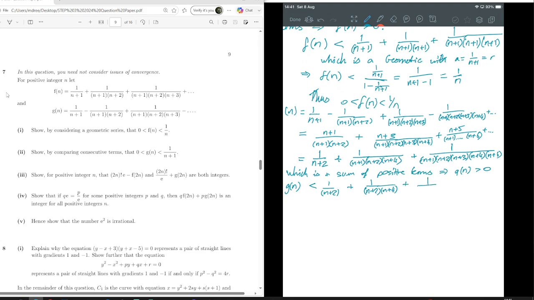And why stop there? Let's be even more aggressive with the way we're bounding. Let's get rid of even more factors. So I'm going to get rid of the n plus 3 factor in that term. And then the next term, I'll get rid of the n plus 1, the n plus 3, and the n plus 5. So now this is less than 1 over n plus 2 plus 1 over n plus 2 squared. This is now the same trick. We're making the denominators smaller again.